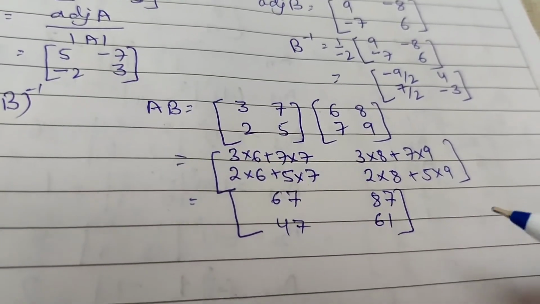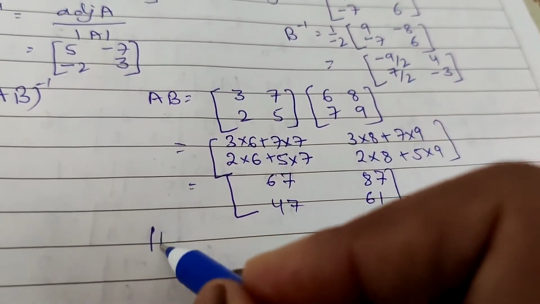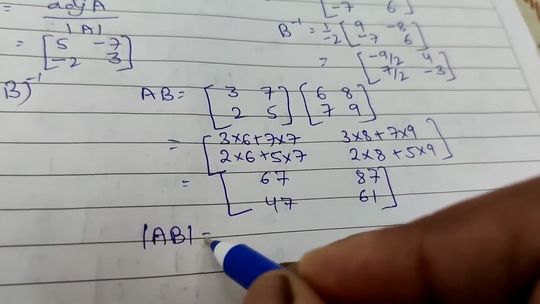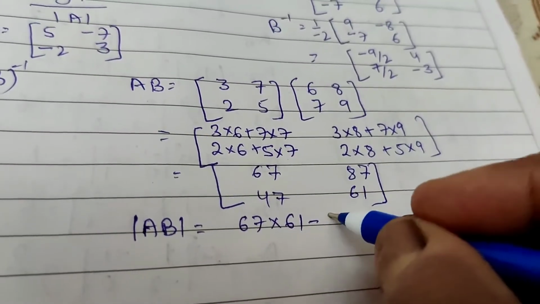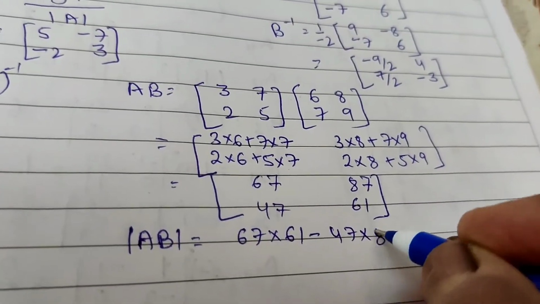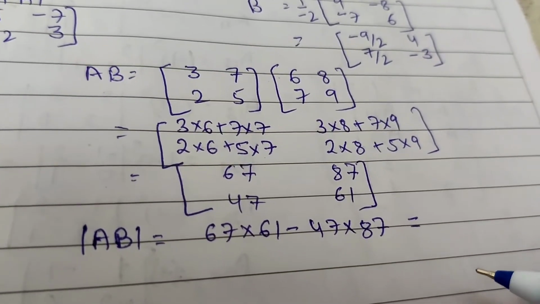Now for the AB inverse, first I have to find the determinant of AB. 67 into 61 minus 47 into 87. This will come to equal to minus 2.